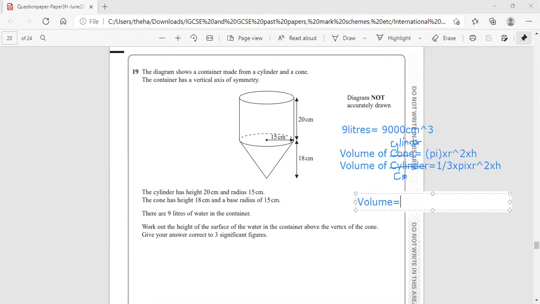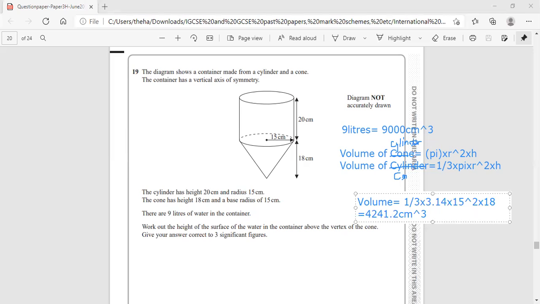Volume of cone equals 1/3 times pi, okay, which is 3.14, times radius squared, which is 15 squared, sorry, times height, which is 18. Pop that all into your calculator, okay. That will give you 1,350 pi, or 4,241.2 centimeters cubed.